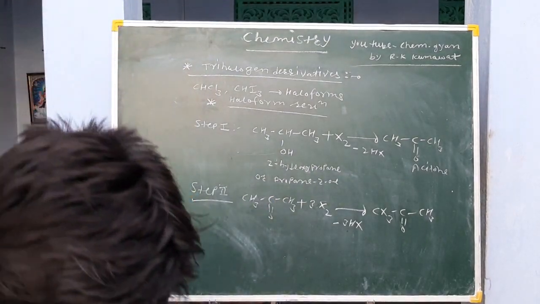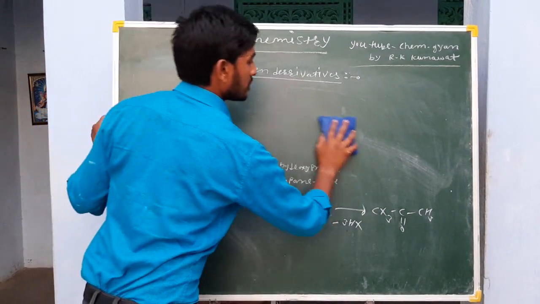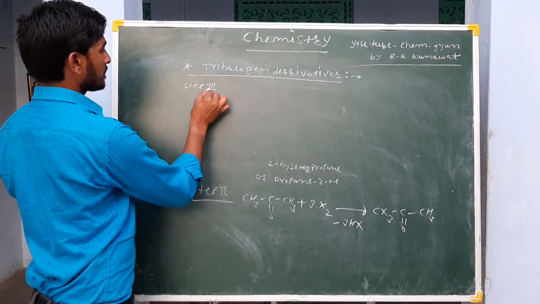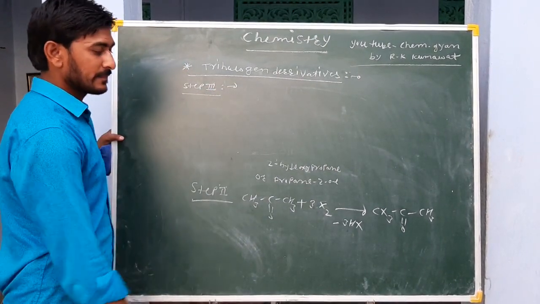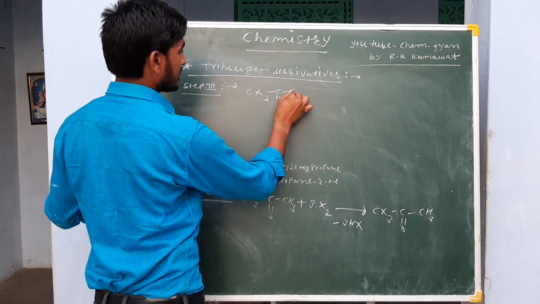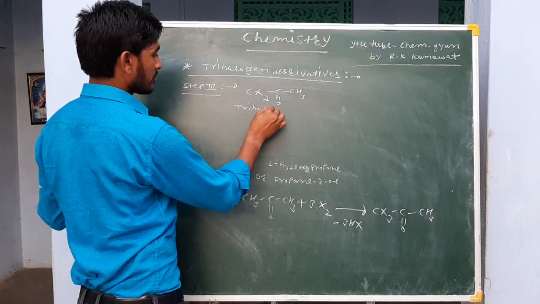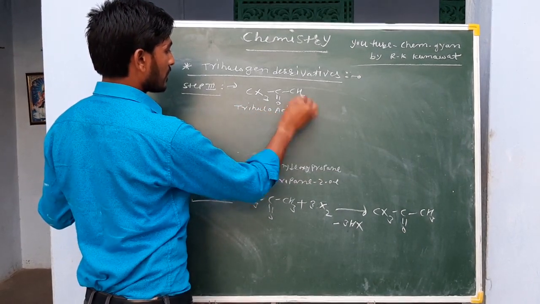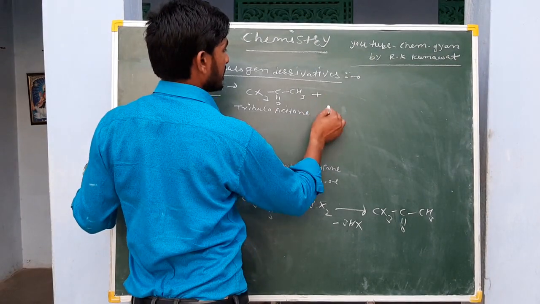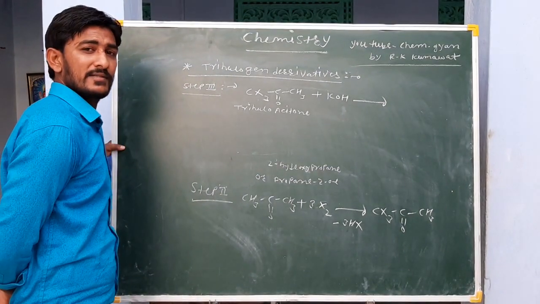Next step is step number 3. Step 3: CX3COCH3, which means trihaloacetone, reacts with KOH or NaOH.